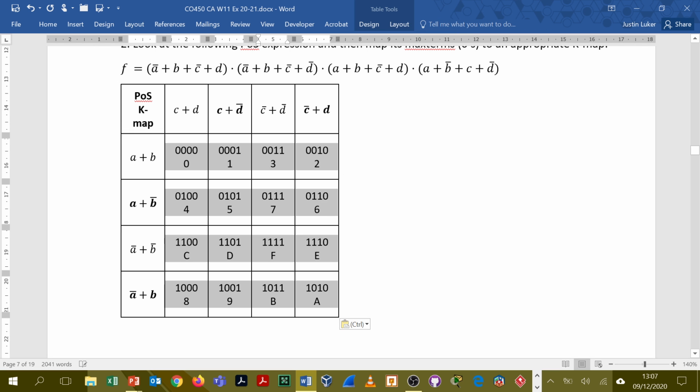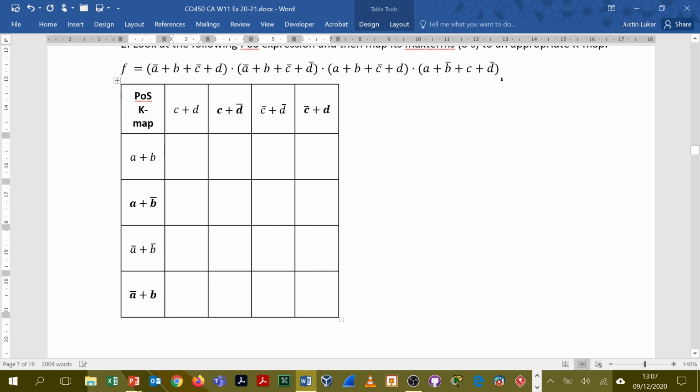Okay, and we don't need the references there for the moment. So again, we need to put these in. So not A or B, that one. And then C, not C or D, not C or D, so it's that one. So 0 there.